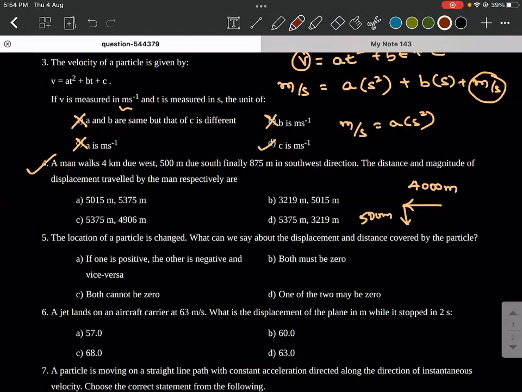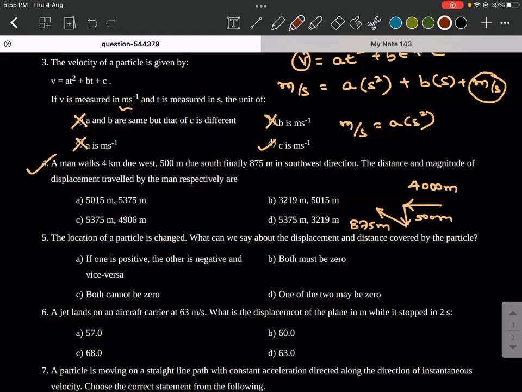So southwest is to the left. By what angle? 45 degrees. Okay. So it is 500 meter and this distance is how much? It is 875 meter. So what is going to be the answer?